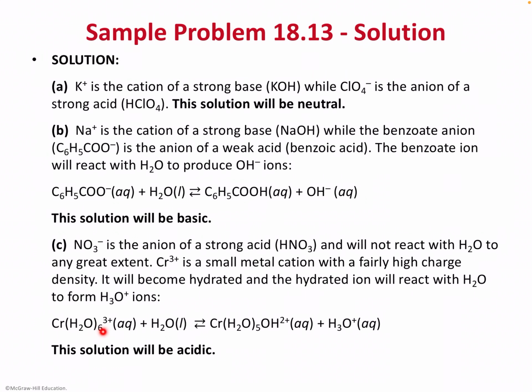One of these water molecules gives its hydrogen to form hydronium ion, releasing a hydrogen and making the solution acidic. So that solution will therefore be acidic. And these are the explanations of the previous two problems, A and B.